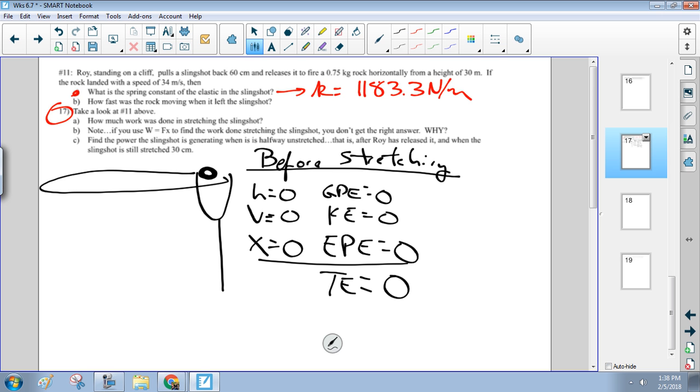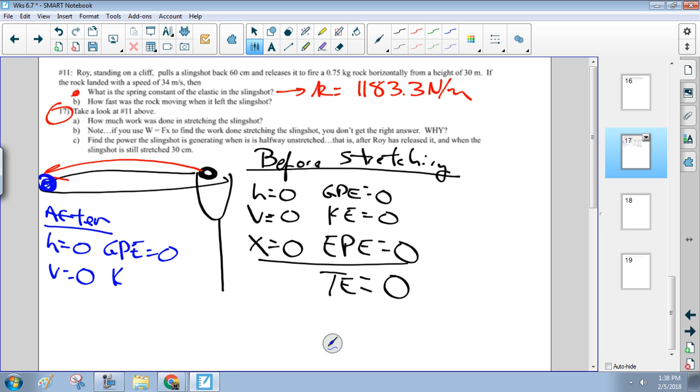Then Roy stretches this thing. He pulls it way back until it gets to this point here. After he stretches it, the height is still 0 because he hasn't moved it up or down, which means the GPE is still 0. He's holding it at rest, so the velocity is 0, which means the KE is 0.